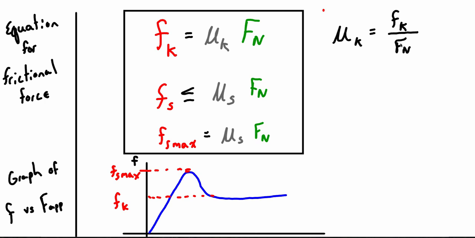We find the force through this equation: my frictional force is equal to my coefficient of kinetic friction times my normal force.